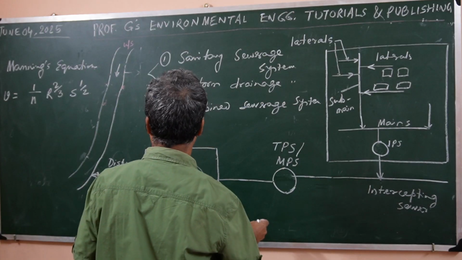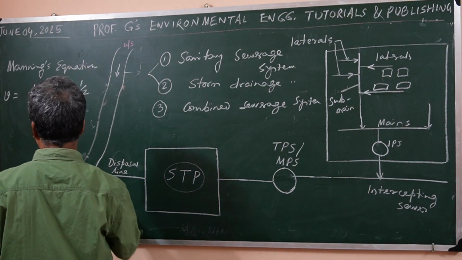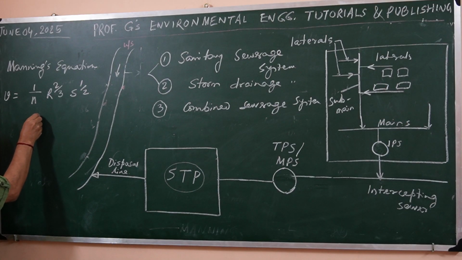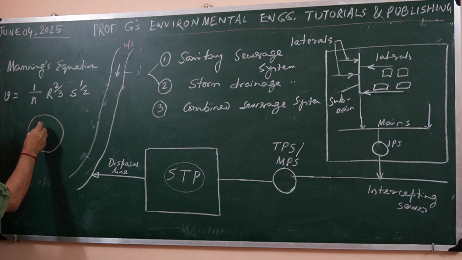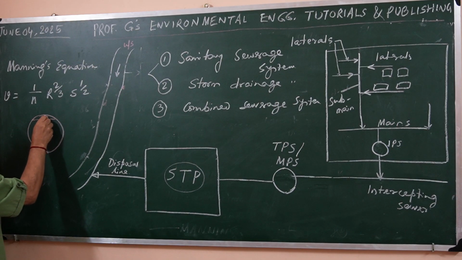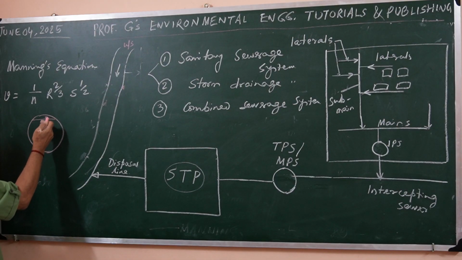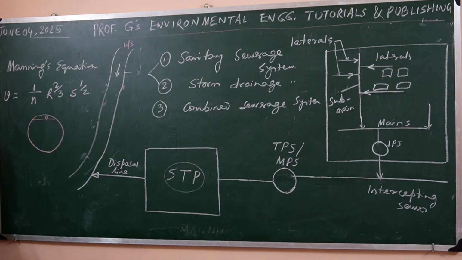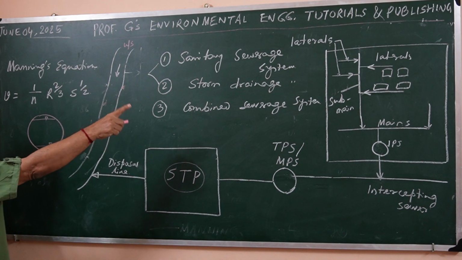That means suppose this is a combined one. Let me draw here. Suppose this is combined. In that case, during monsoon period, it may flow almost running full. But in non-monsoon period, it may be just this, because only sewage will be collected.